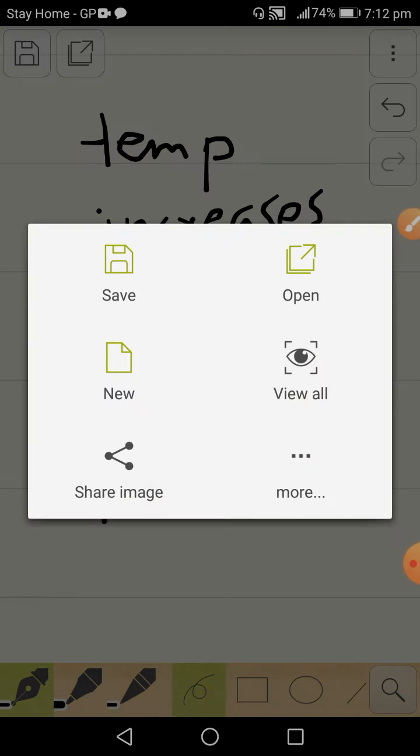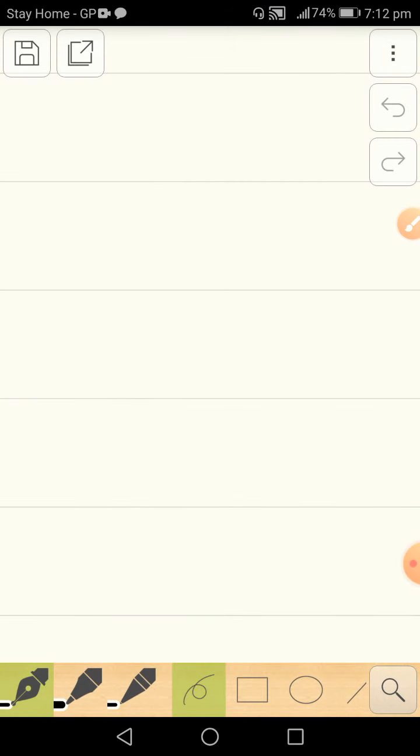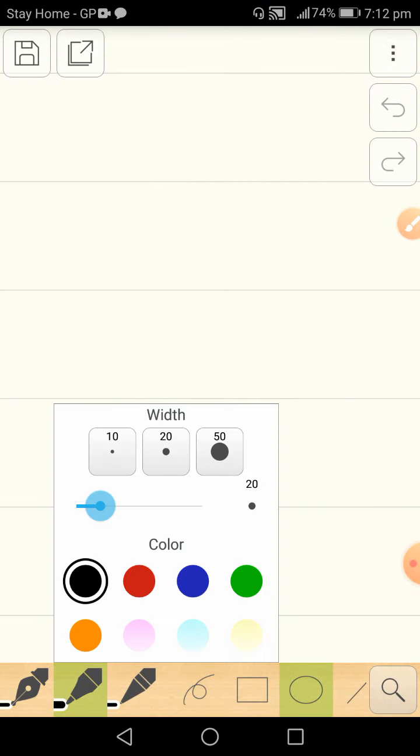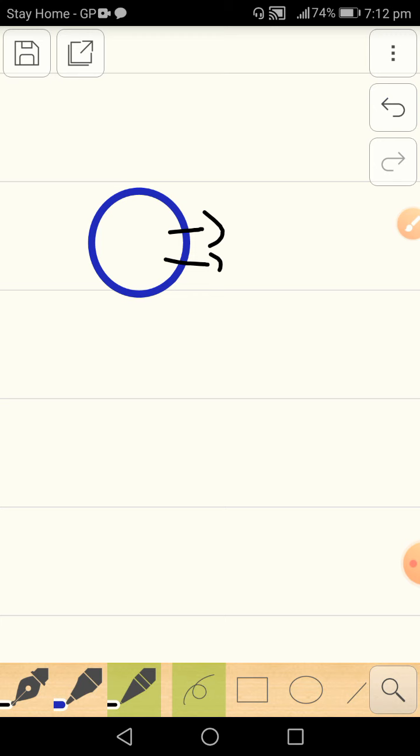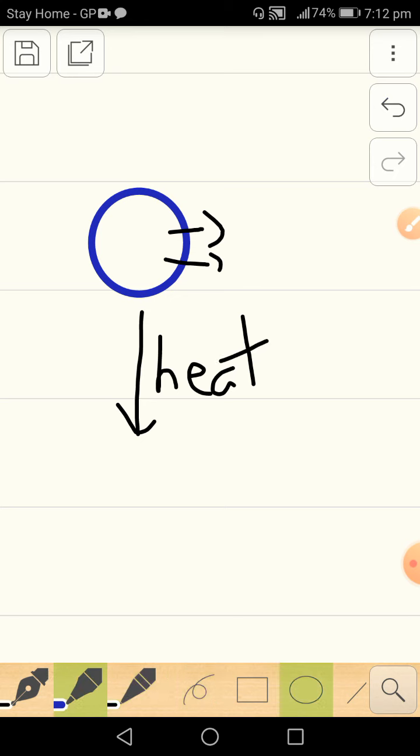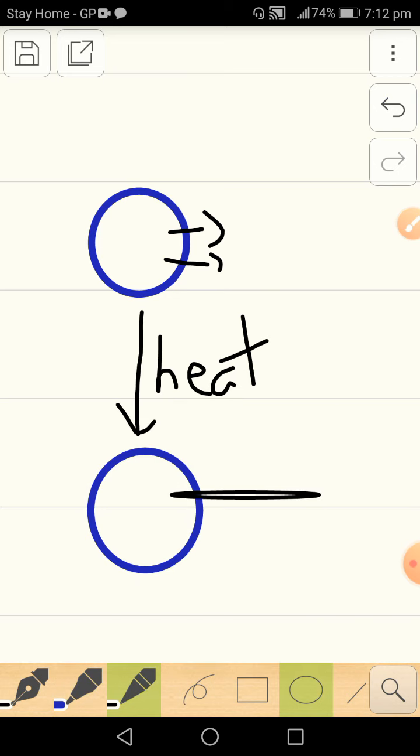Okay? What does this mean? This means, for example, this is a blue colored particle which was moving quite slowly, but when you apply heat on this blue colored particle, that means you are increasing the temperature, then its movement speed would increase.